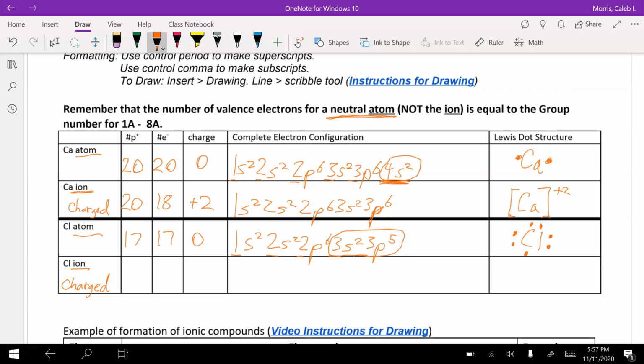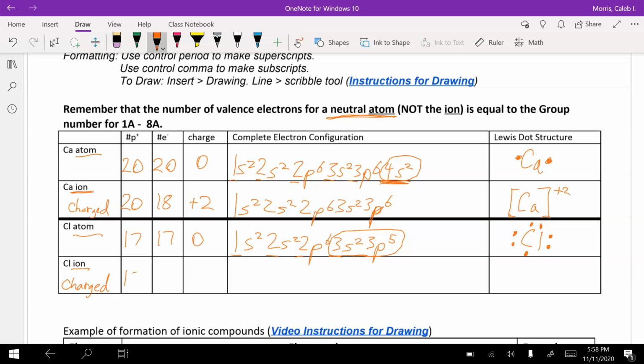So chlorine would only need to gain 1 extra electron to get 8 valence electrons, or it could lose all 7. Well, hopefully it's obvious that it's more favorable for chlorine to get 1 extra electron right there than it would be for it to lose all 7 of its valence electrons. So that's what it would do.